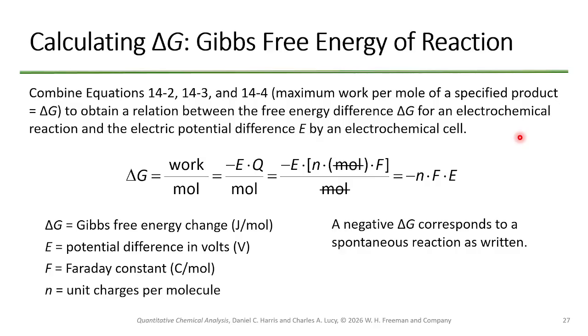If you have a positive E, that's going to be a spontaneous process, right? If you have a negative E, what is that going to be? Non-spontaneous, or it's spontaneous in the opposite direction oftentimes, because electricity moves really well.